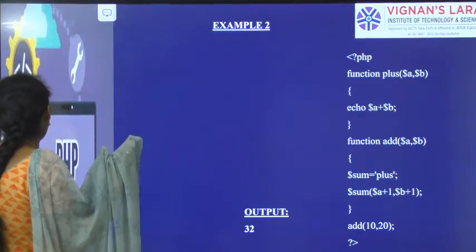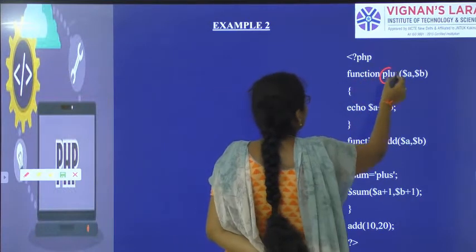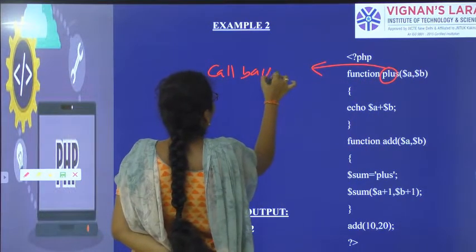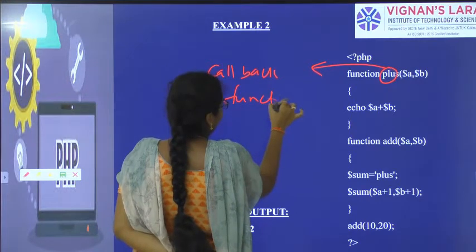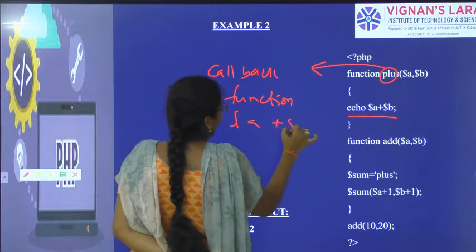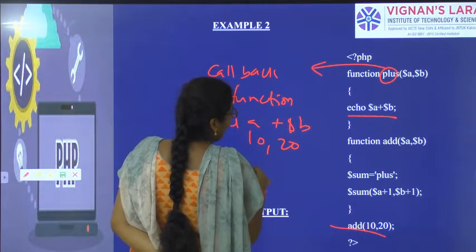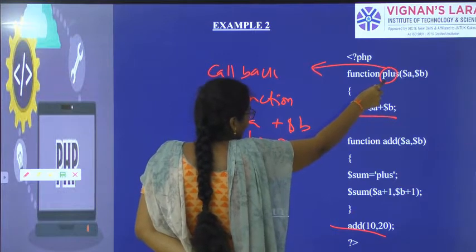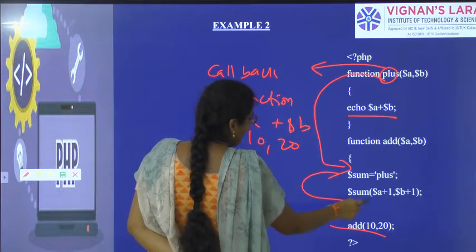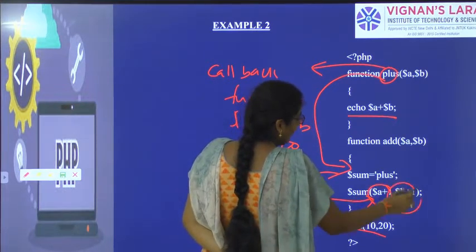See here. So function is plus. Plus is a callback function. You want to perform $a plus $b. A and b values are 10 and 20. This plus is a function which is a callback function. This is initialized to sum. Sum is also a function. In sum we have $a plus 1, $b plus 1.